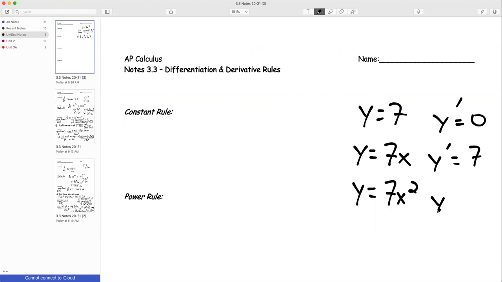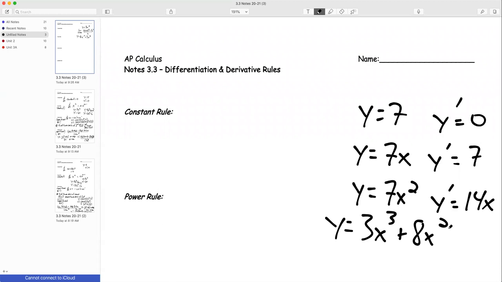Then my derivative is going to be 14x. And let's say that y is equal to 3x cubed plus 8x squared. Y prime is going to be 9x squared plus 16x.